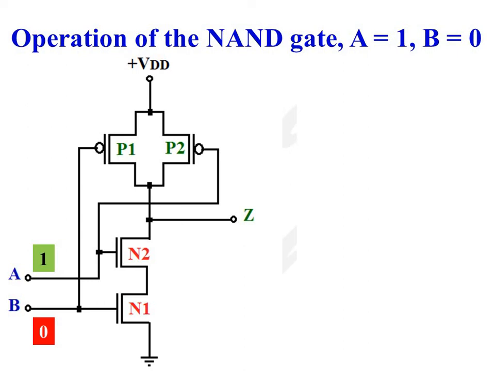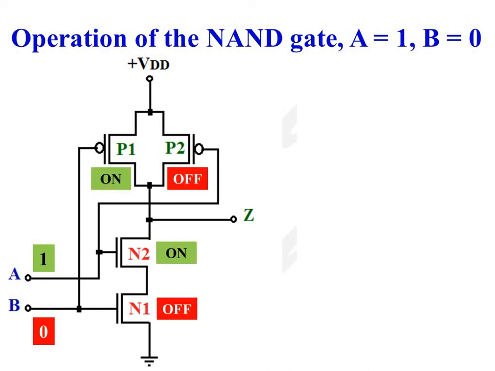As B is equal to 0, NMOS transistor N1's gate is existing at logic 0, so NMOS transistor N1 is off. And as gate of PMOS transistor P1 is existing at logic 0, PMOS transistor P1 is on.